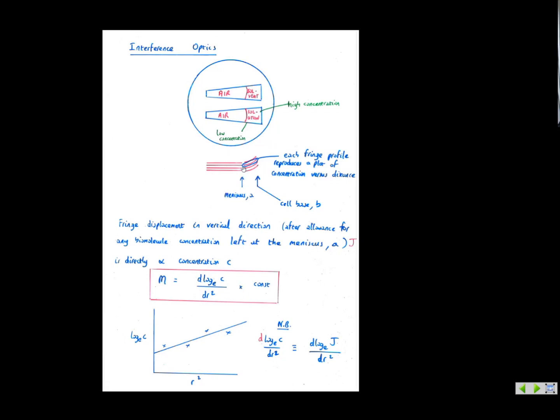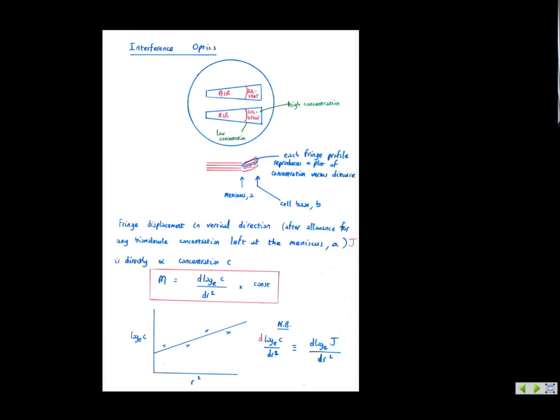And each of these fringe profiles reproduces a plot of concentration in the solution channel relative to distance from the meniscus, which is position A here, and B is the cell base.